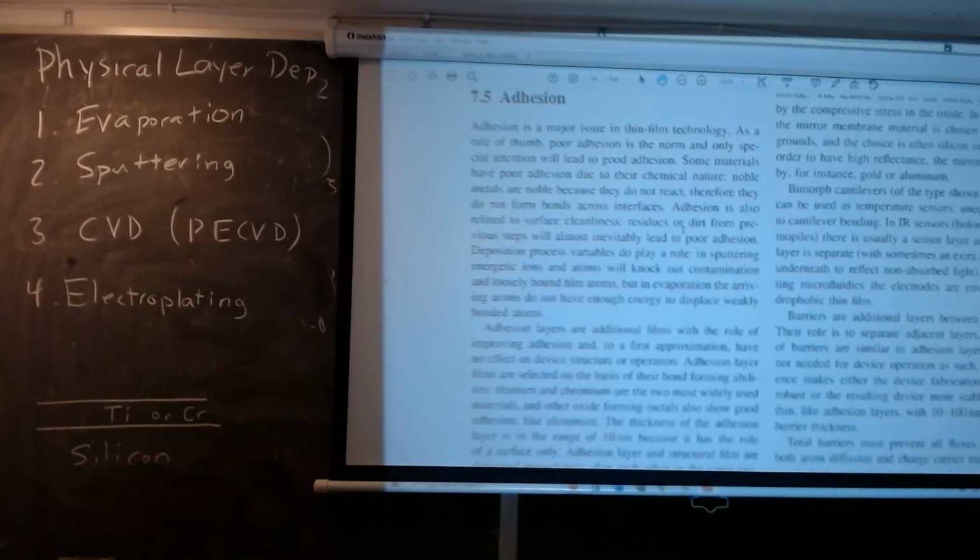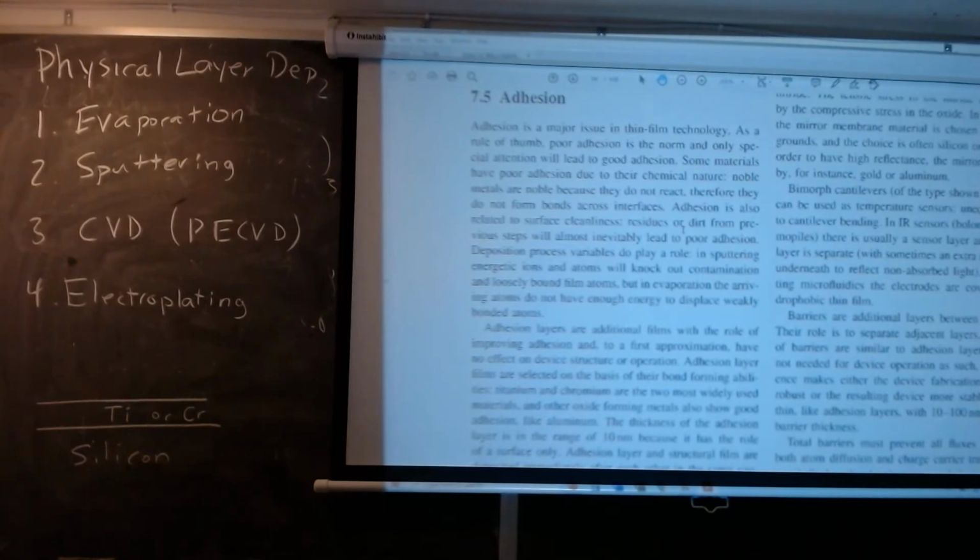Titanium particularly tends to be a very hard material, and I've never really understood whether it's because of actual adhesion, or because titanium is such a hard material that it simply won't come off.